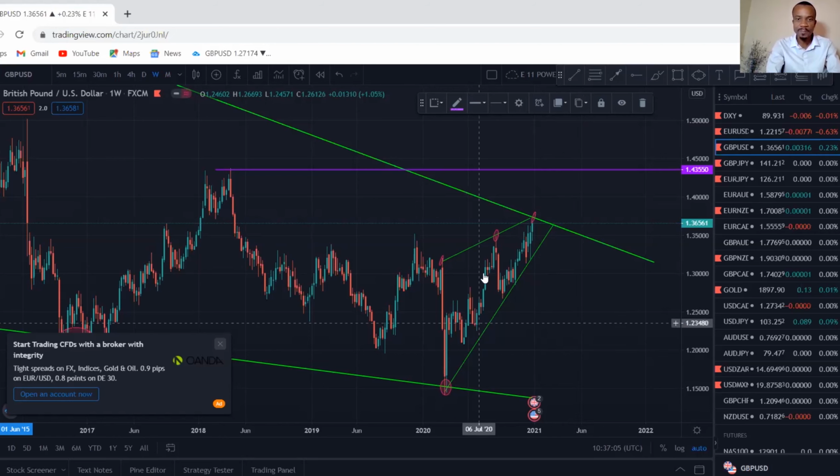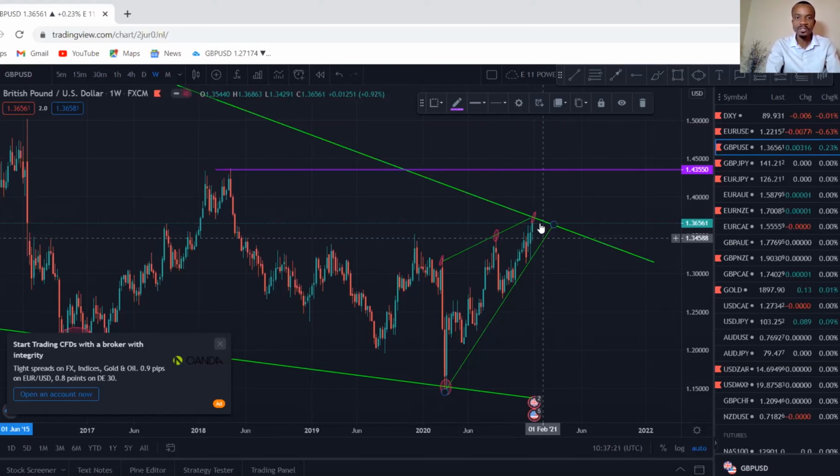From a weekly time frame, price action has been forming highs, lows, highs, lows, but in a decelerating form. Price has just been squeezed to the upside.